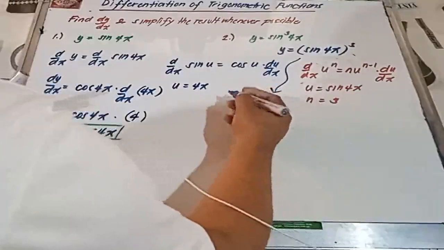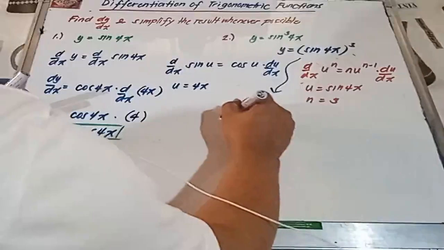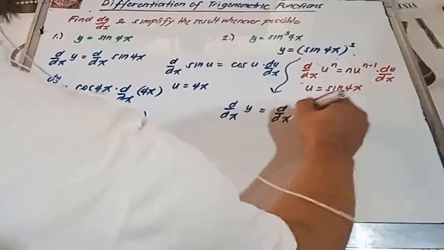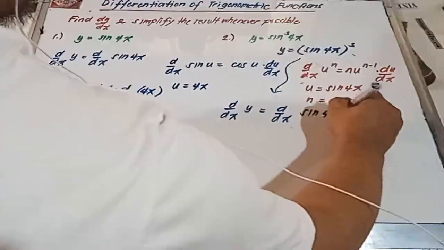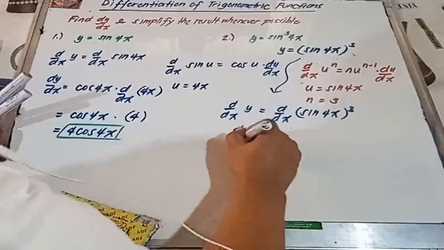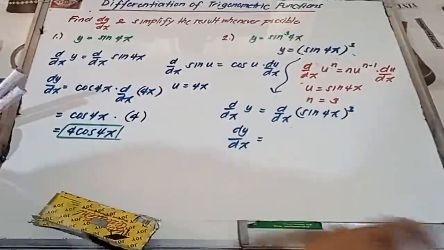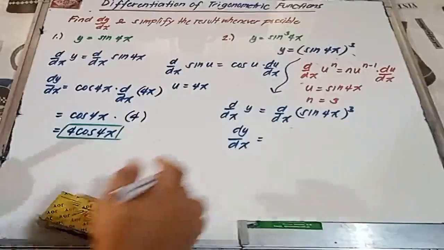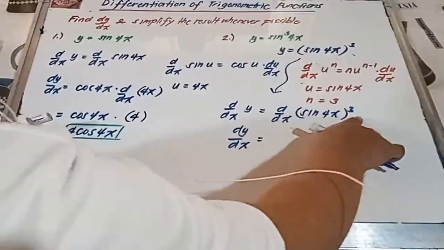So, we have, kunin muna natin, derivative ng both sides. Okay, so we have here dy over dx equal to, gamit yung power rule natin, i-multiply yung power sa coefficient.